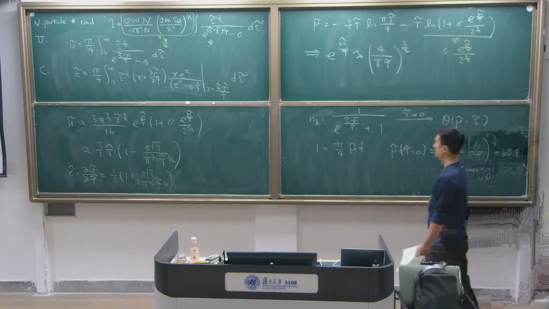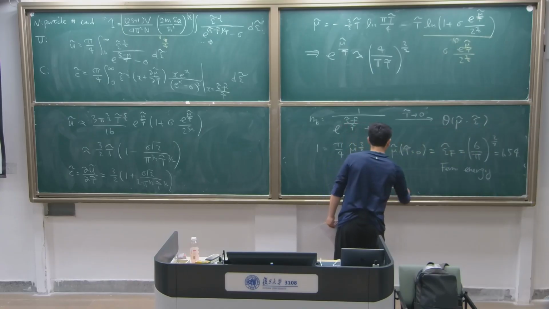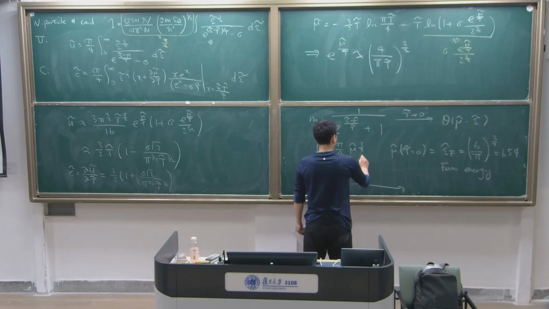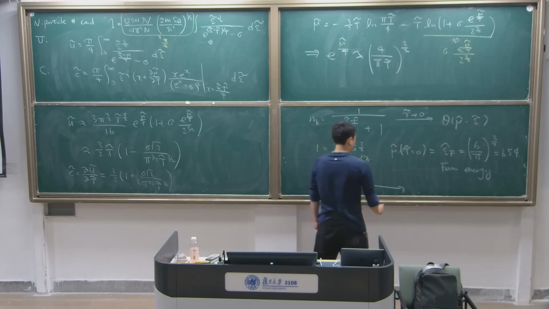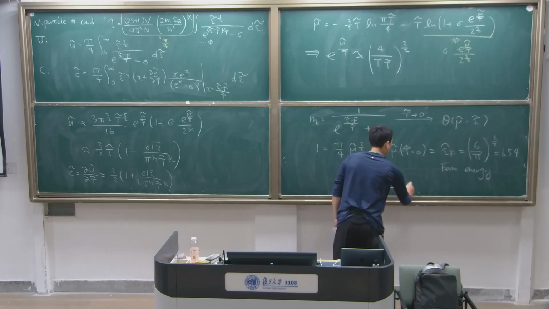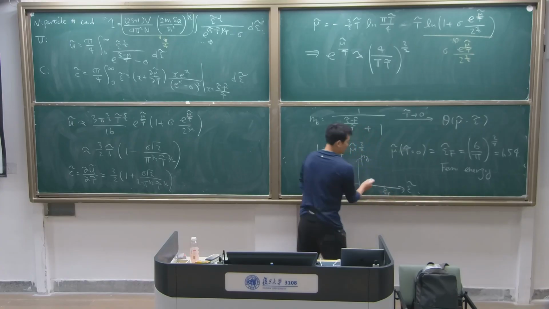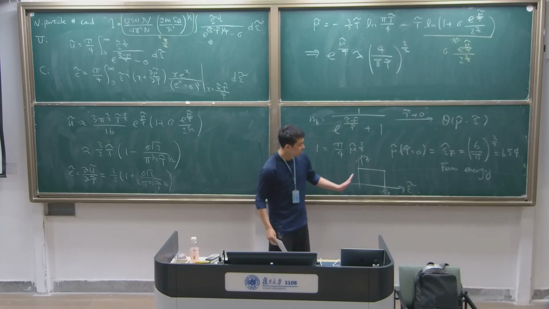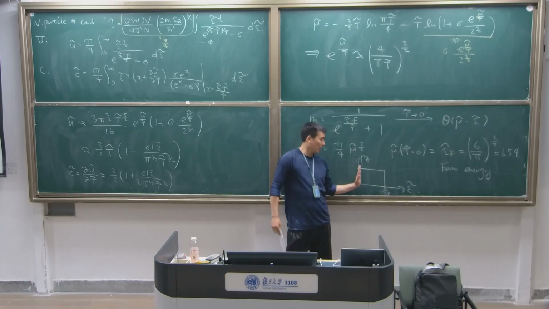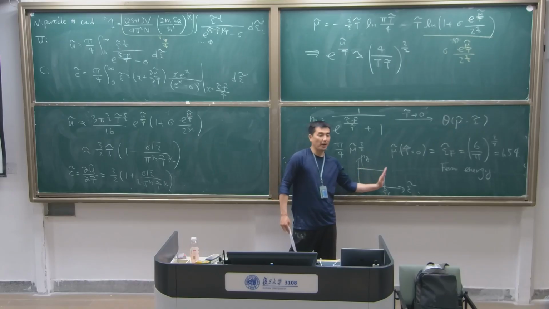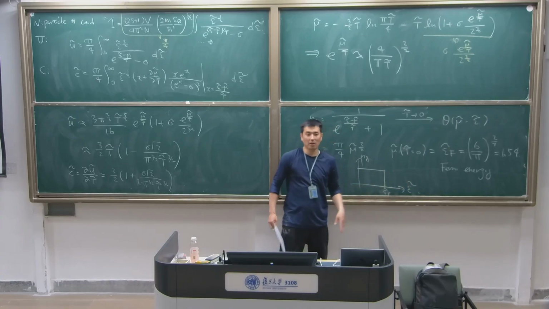Therefore, if you look at the occupation number NQ with this epsilon tilde f, you get a step. All states below this Fermi energy are occupied, and after that you don't have any.